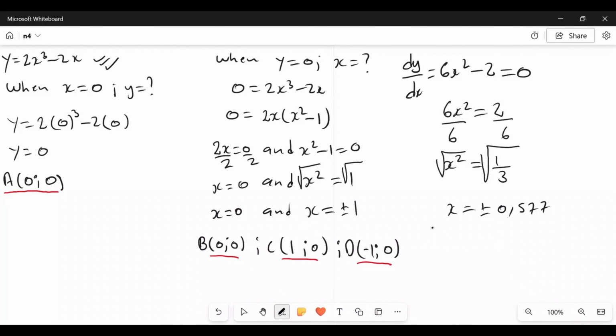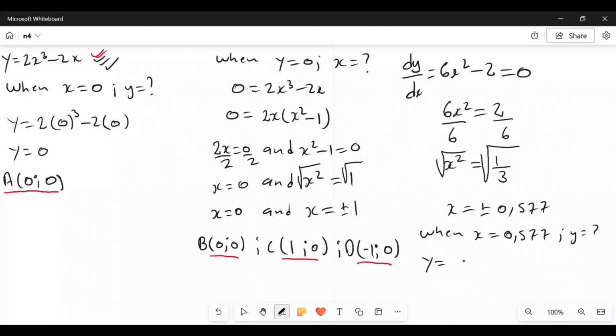We need to find the y values. So we have to say when x is equal to, remember we have plus or minus here, let's say it's equal to positive 0,577. What is our y? So we're going to substitute the x value into the original equation. So let's do it.